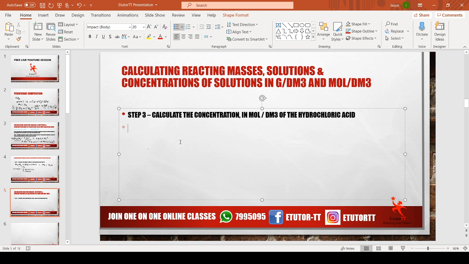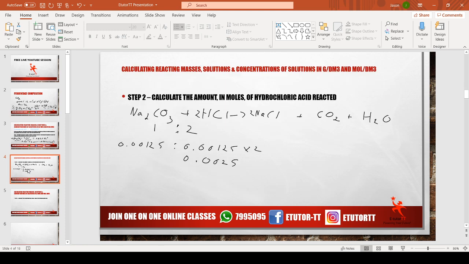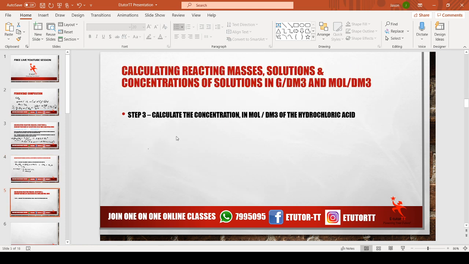So what we're going to do now, seeing that we have the moles that we worked out, is work on concentration because we know the volume we're working with. For our first step, we have to convert cm³ to dm³, right?